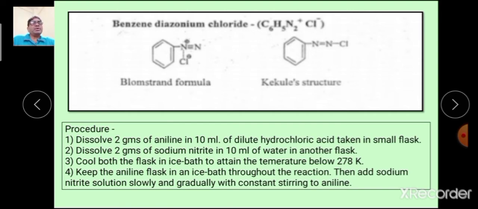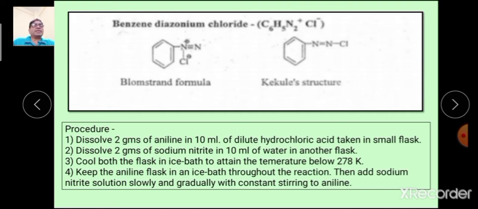The procedure is to dissolve 2 gram of aniline in 10 ml of dilute hydrochloric acid, taken in a small flask. Then second step, dissolve 2 grams of sodium nitrite in 10 ml of water in another flask.